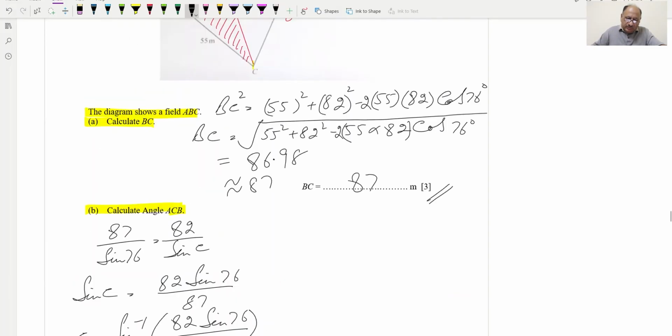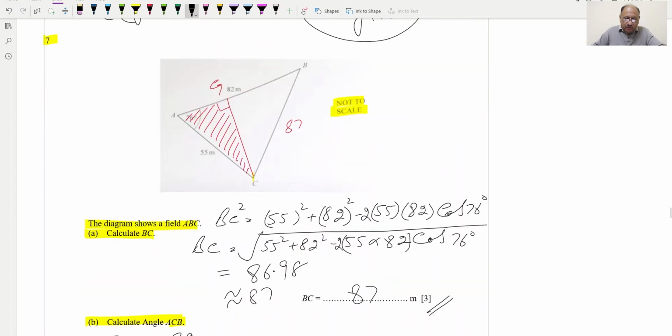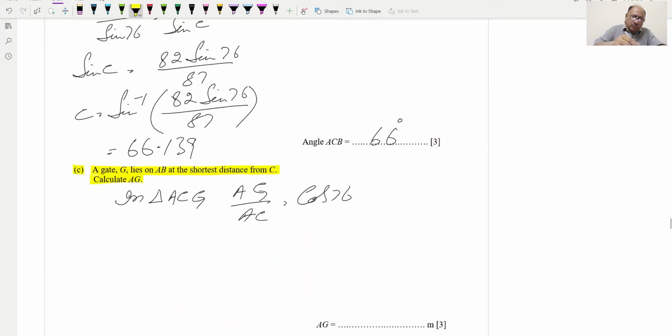AG over AC is adjacent over hypotenuse, so adjacent over hypotenuse is this one divided by this one. We have the value of AC, which is 55.